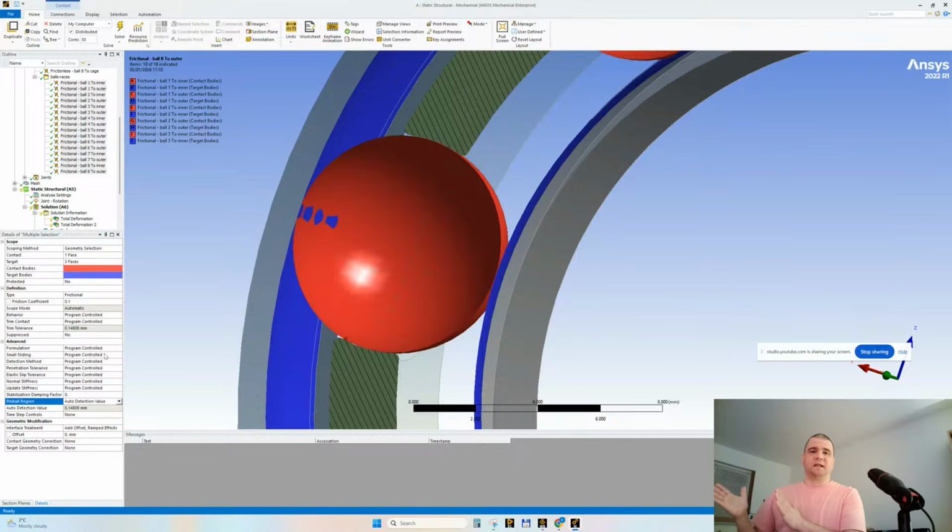In explicit dynamics, you can no longer do this. You have an offset, which is like a pinball in the contacts of explicit dynamics. You can no longer do this. Explicit dynamics in many ways is the most realistic simulation. I'm talking about what you see is what you get, what you simulate.